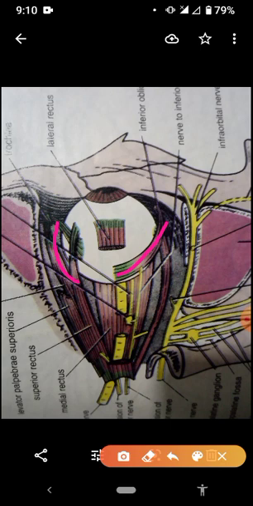Both of these muscles are acting like a pulley. You can see that these are like a pulley.